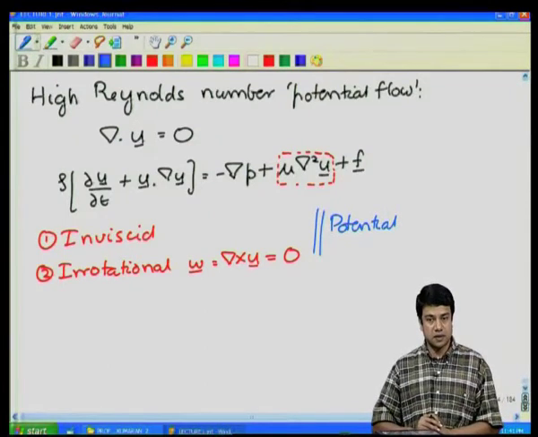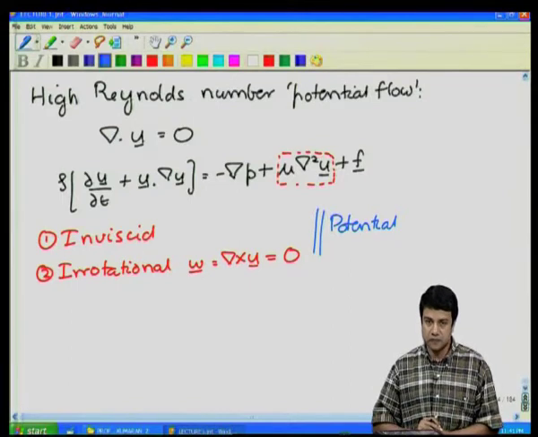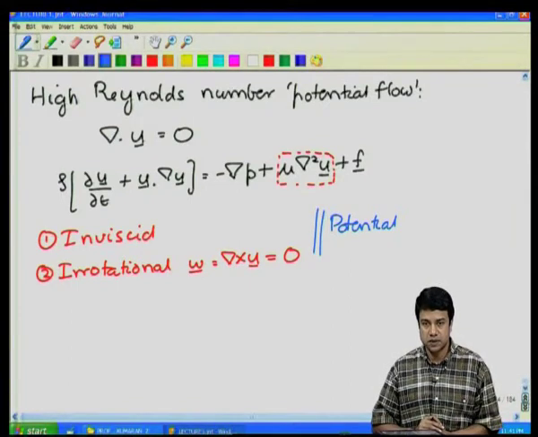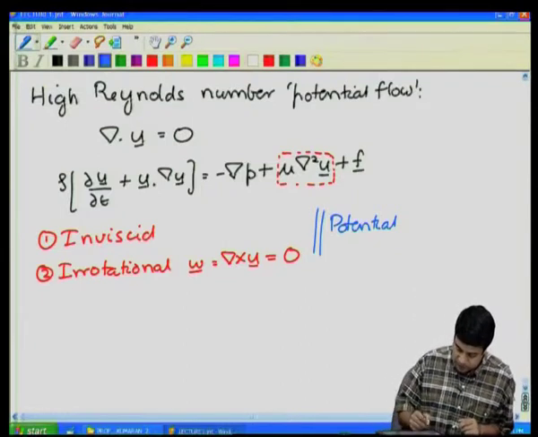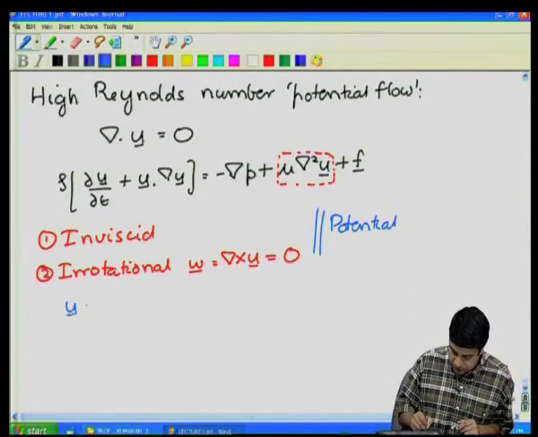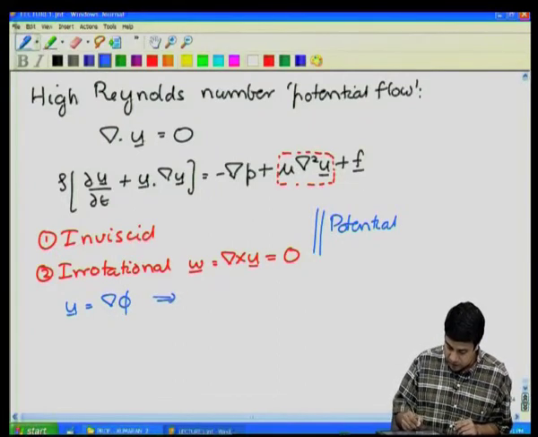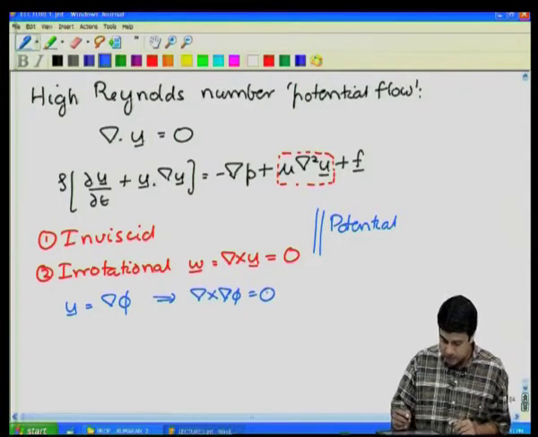The reason is because, as we know, when the curl of any vector is equal to 0, the vector can be expressed as the gradient of a scalar. Because if the curl of the vector is equal to 0, the vector can be expressed as grad phi, because we know that the curl of the gradient of any function is equal to 0.